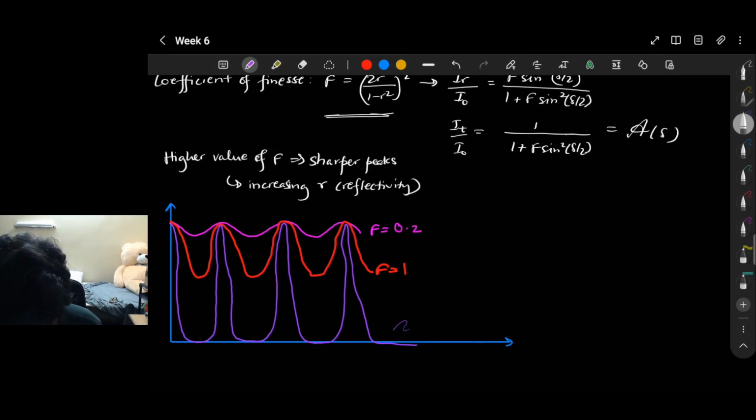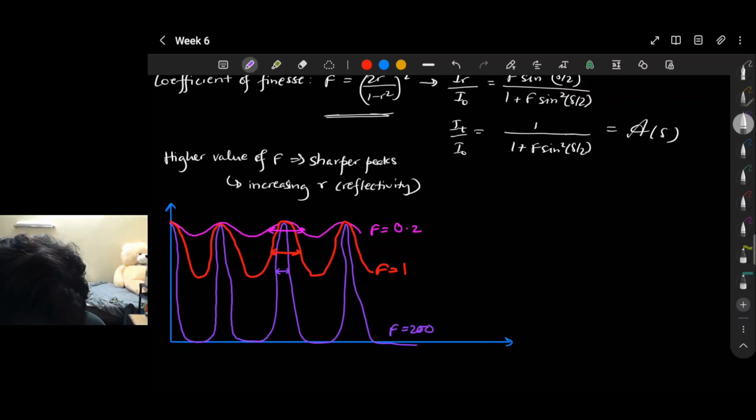And this would be roughly 200. And you can see that as my finesse increases, the peaks become sharper. What I mean by sharper is, if you look at this width, over here for the pink one the width is like this, for the red one the width is like this, and for the purple one the width is narrower. So the narrower the width of the peak, the sharper the peak is.